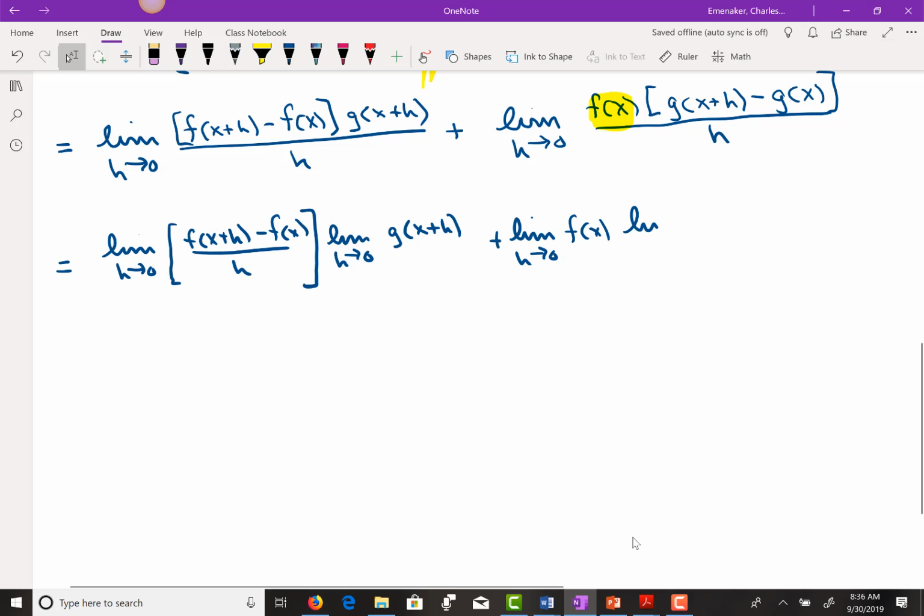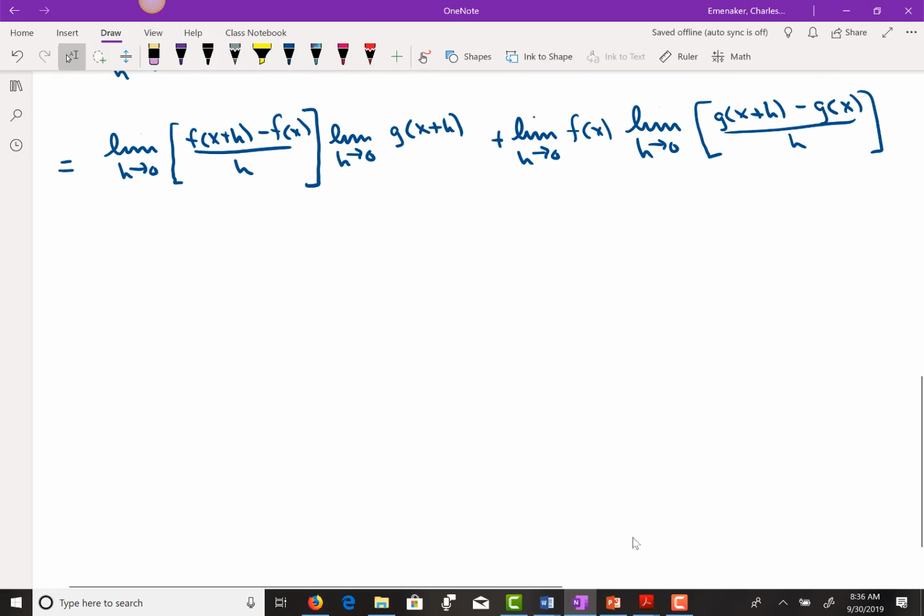Then I'm going to do the limit as h goes to 0 of g of x plus h minus g of x all over h. We're almost done. Almost done. Equals.